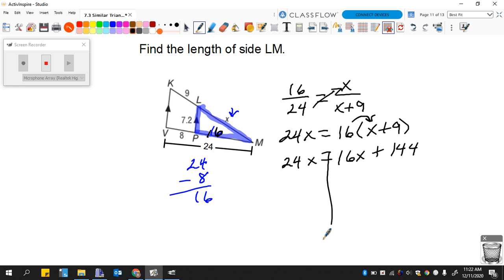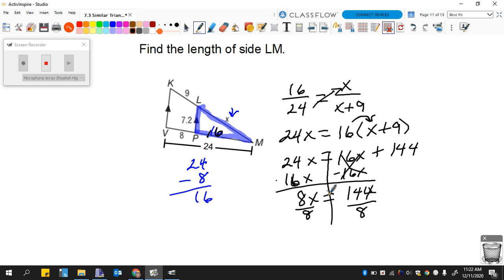Okay, so to solve this, we just subtract the 16x, subtract the 16x. Those cancel out. We have 8x over here is equal to 144. I'm going to divide it by 8.